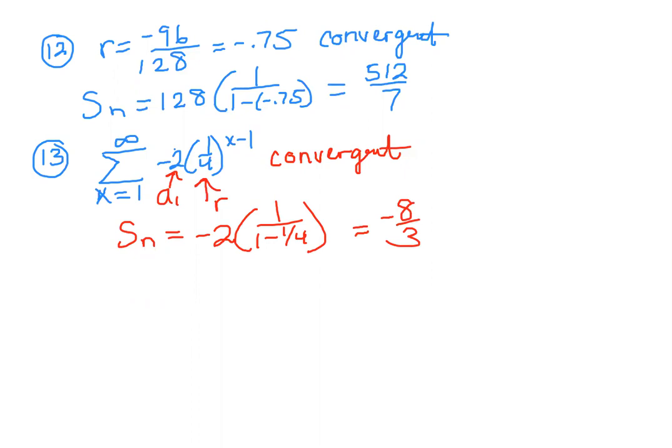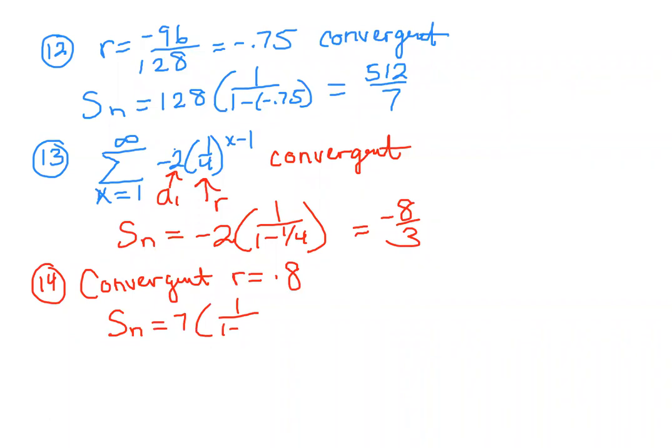Number 14 is convergent. Just by looking at it, R is 0.8 and A1 is 7, so we get 7 times 1 over 1 minus 0.8, and that equals 35.